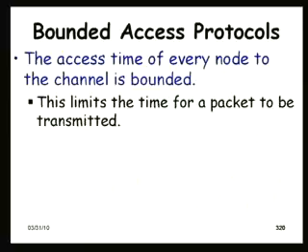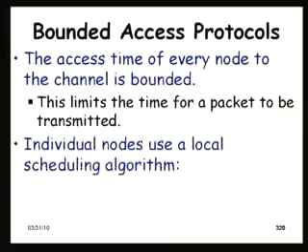This limits the time for which a node can transmit the packets, and since every node has a time for which it can transmit, the individual nodes can use a local algorithm to find out which are the higher priority messages at that local node, and during its slot it will transmit, right.